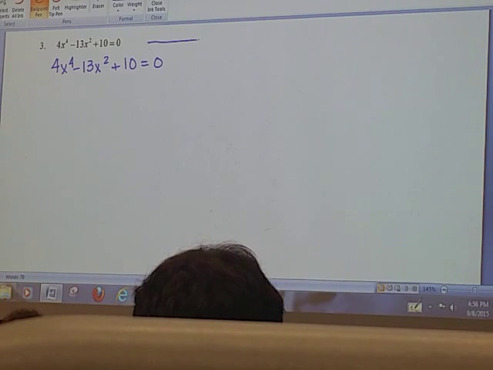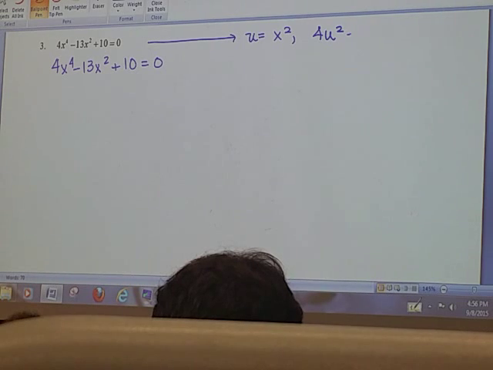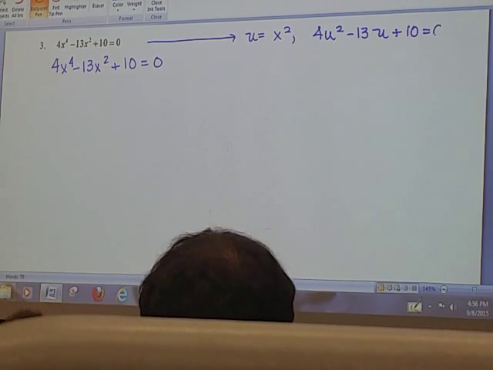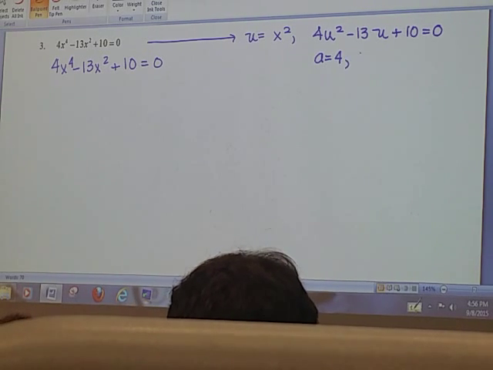So I would say u is x squared. So that makes this 4u squared minus 13u plus 10 equals 0. A is 4, B is minus 13, C is 10.